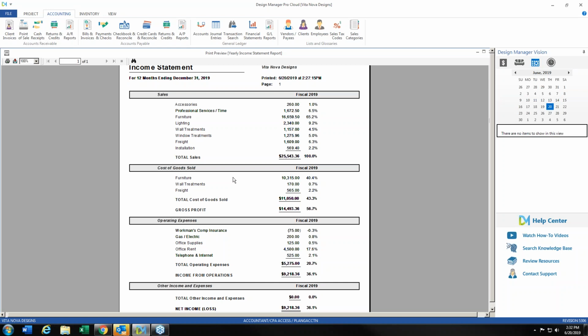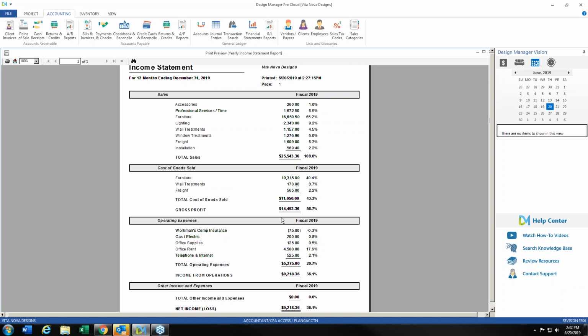You may have other things that go up there, like different labor charges on subcontractors, or if there's something that maybe 100% is directly related to the cost of the product sold, then it might make sense for you to put that up there.